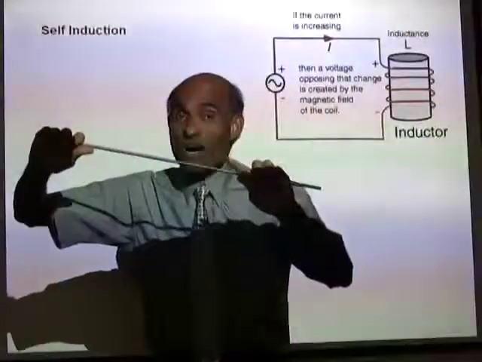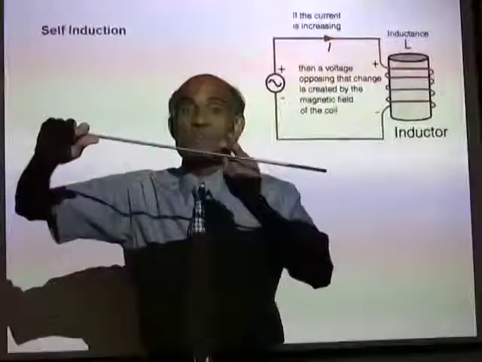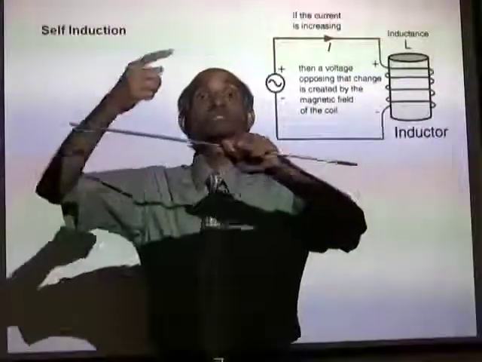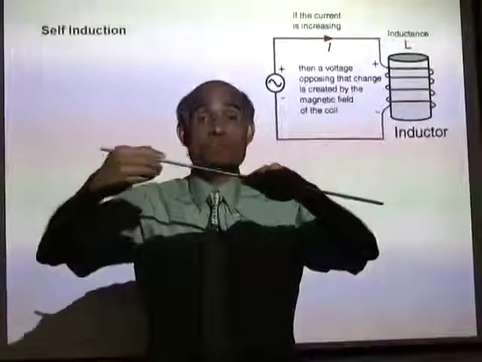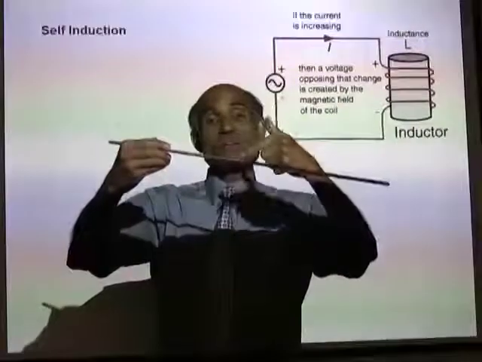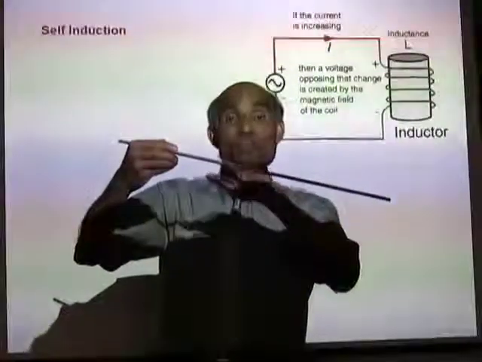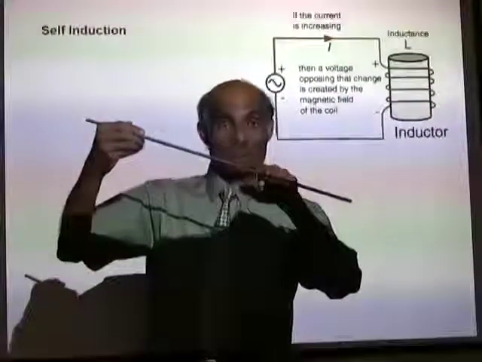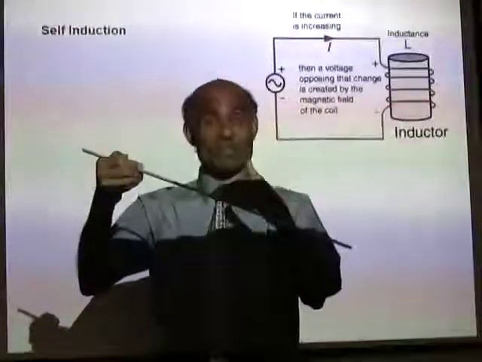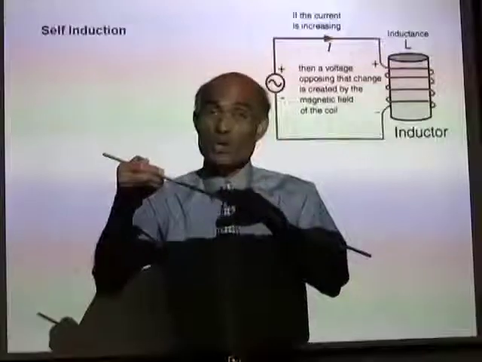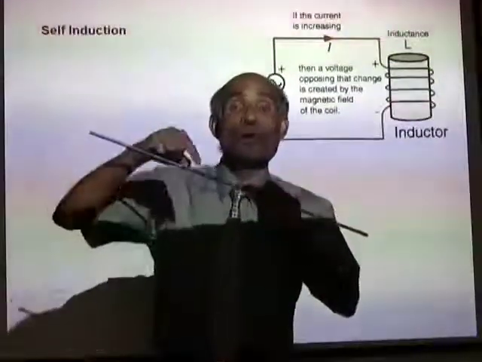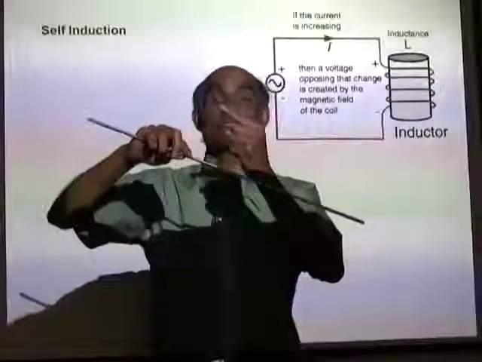Now, during the time the current increases from 0 to maximum, this conductor is subjected to the changing magnetic flux produced by that increasing current. And that changing magnetic flux will in turn induce a current in the same conductor. That is what is called self-induction.